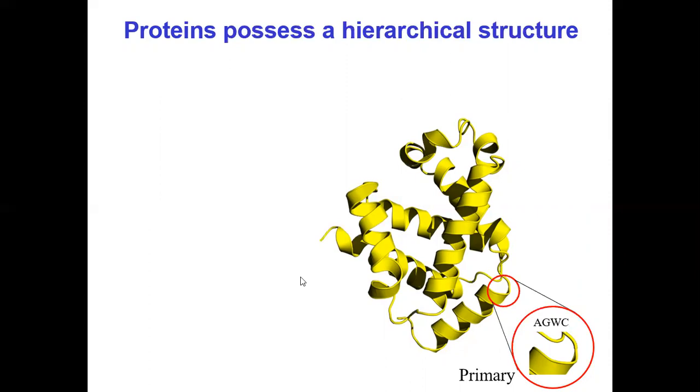So the most basic level is what we call the primary structure, which is in fact the amino acid sequence of the protein chain. And as we saw earlier, this amino acid sequence induces the chain to fold into a specific 3-dimensional structure. And this structure is called the tertiary structure of the protein. So we have the primary and tertiary structures. We're missing the secondary structure.